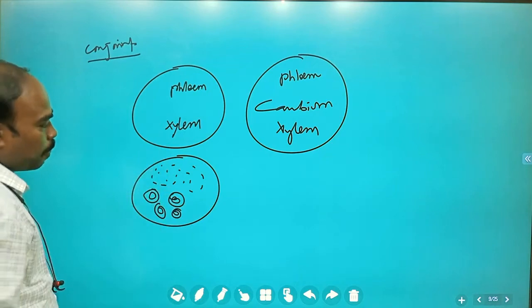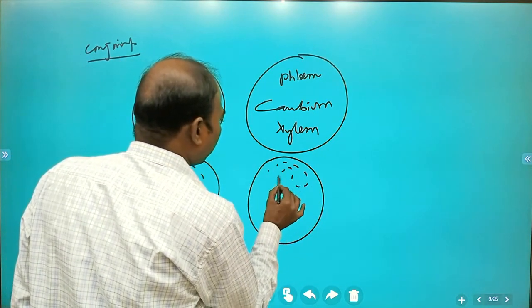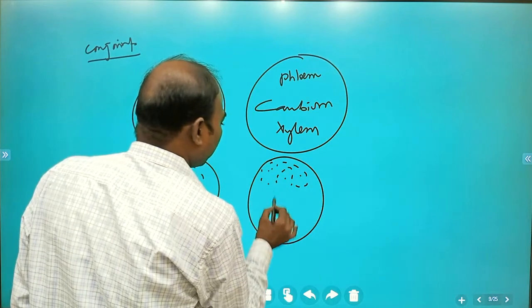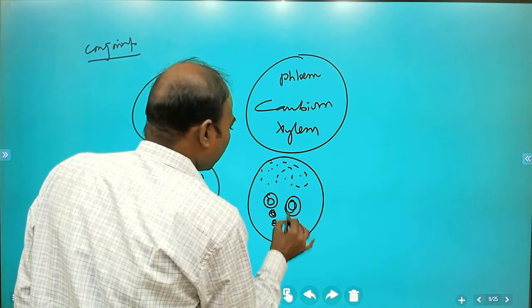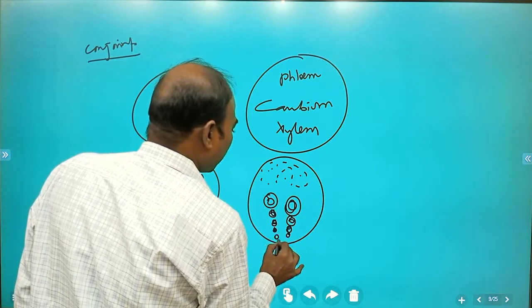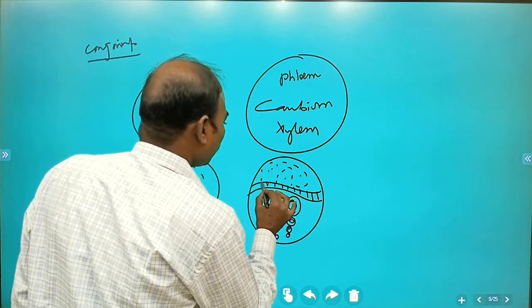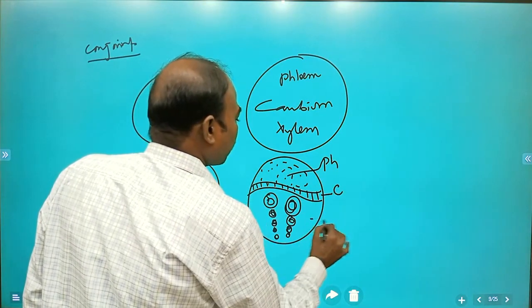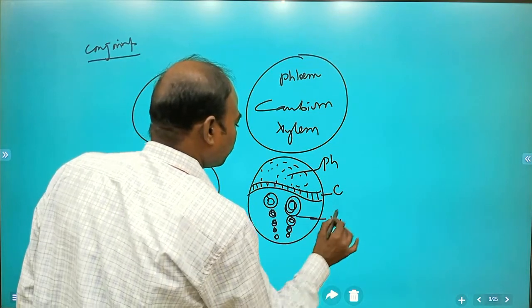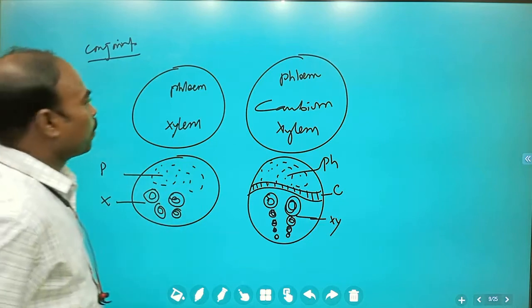In one type there is no cambium; here in these bundles, phloem is situated on the upper side and xylem towards the lower side. In the other, between phloem and xylem there is a cambium. So phloem, cambium, xylem. Here only phloem, xylem, no cambium.